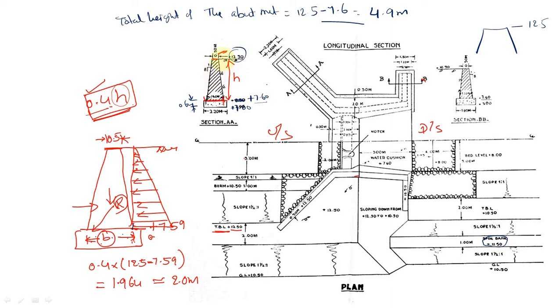Actually you have to do the stability analysis for the active earth pressure loads, right? But what we are doing here is, fix the top level of this wing wall on the upstream side. So it will be a level wing wall, means this top width and the abutment both will be at the same level. Those are at the bank on the upstream side.